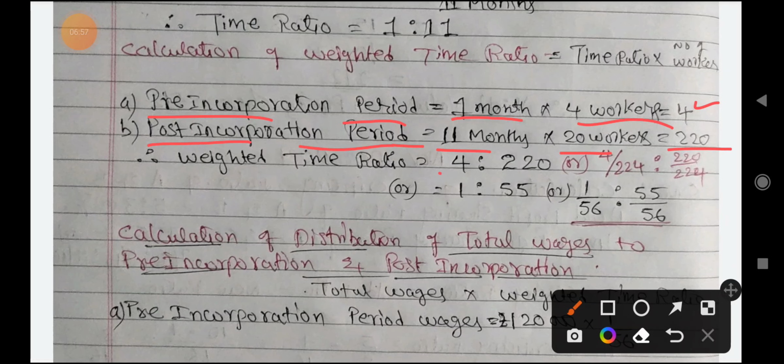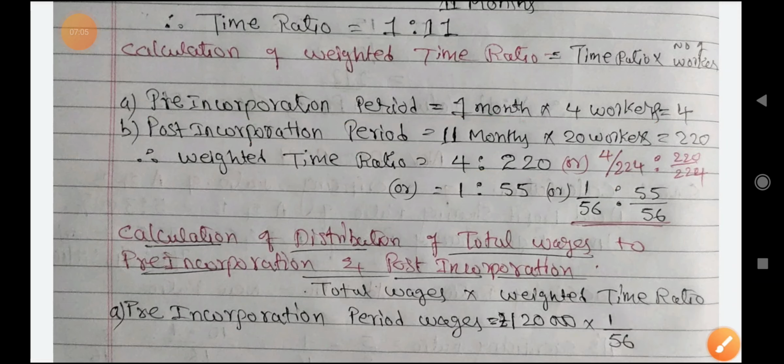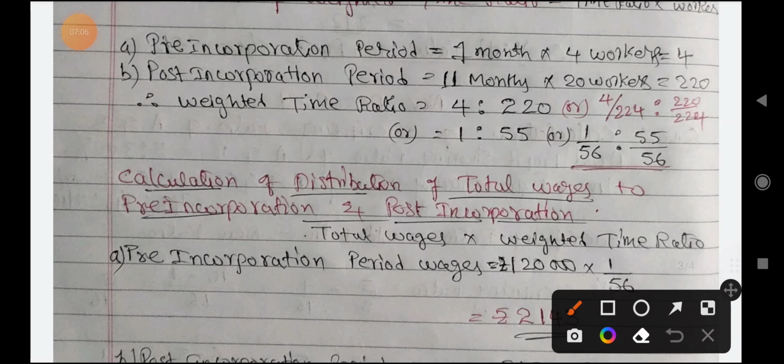If you want to end up here, 4:220 or 4 divided by 224, 220 divided by 224, but I want to make it a shorter ratio. So in the 4 table I tried whether it will divide. Take out your calculators and divide 220 by 4. It will be 55.